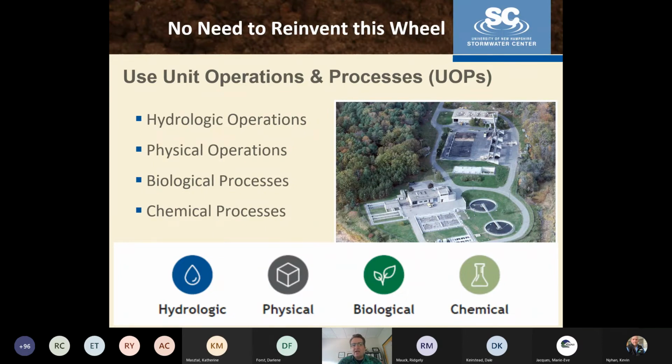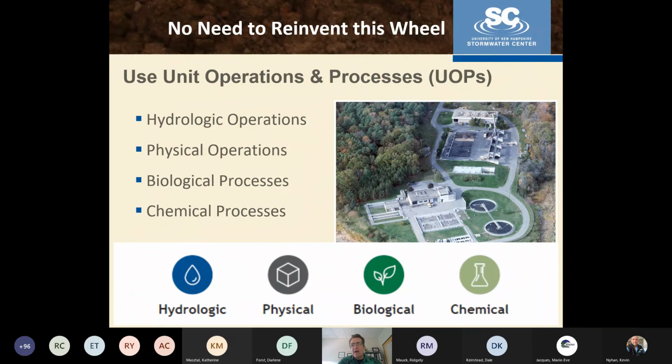And by that, I mean using unit operations and unit processes, which are well understood and used in the other water utilities like wastewater and drinking water, in order to target pollutants of concern and get expected removal efficiencies from the effluent water. So there's really no need to reinvent the wheel functionally.